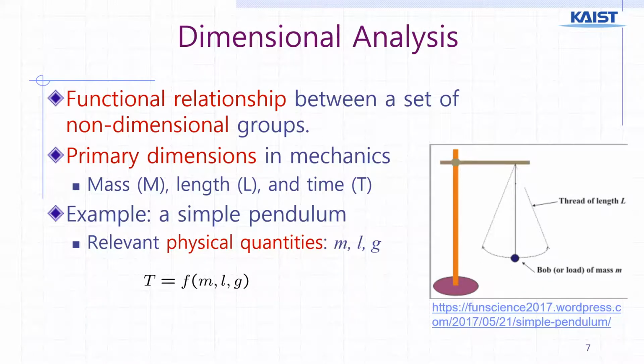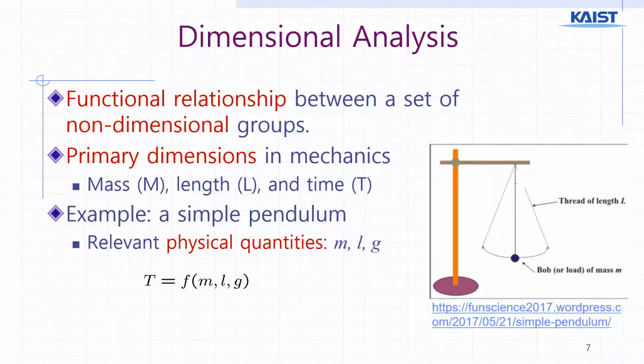The period of a clock is important to measure time. If you have a shorter pendulum, the period is short, right? And a long pendulum gives you a long period of cycle. So depending on the mass, and also length, and with gravity the same, g, the period is fixed.